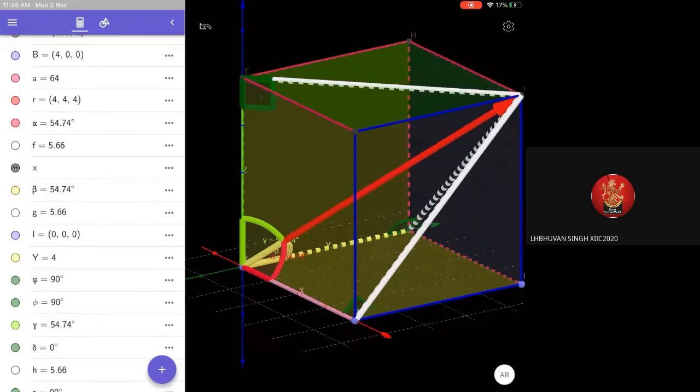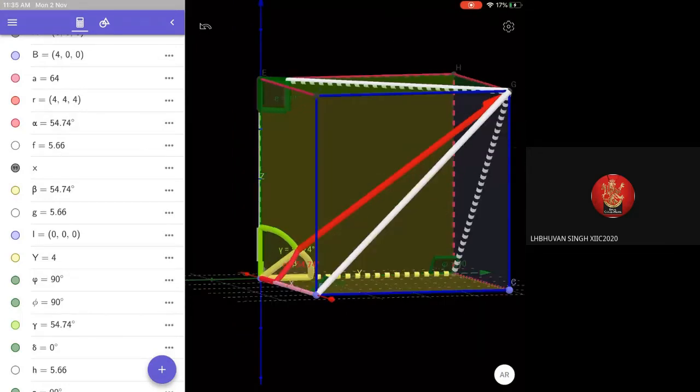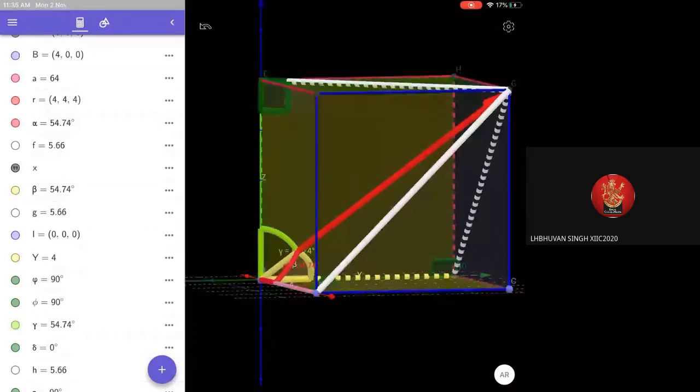Alpha is the angle between the red color line and the x-axis, beta is the angle between the line and the y-axis, shown with yellow color, and gamma is the angle between the line and the z-axis, shown with green color. I hope you can visualize it.